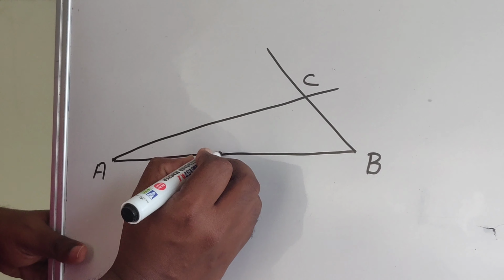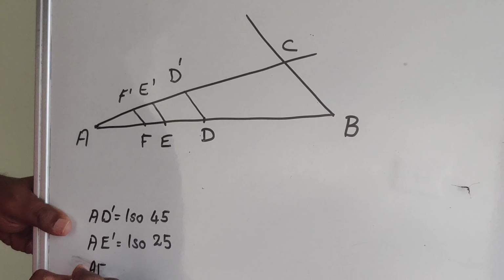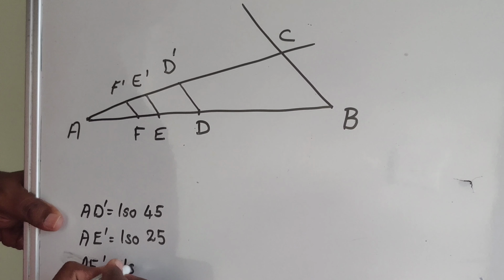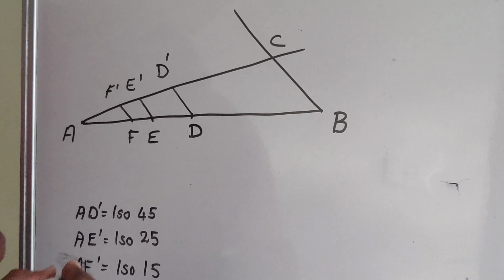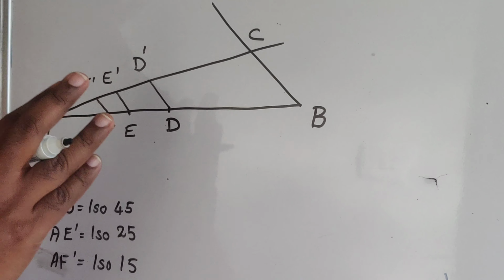Another point, the diameter is 30, so the radius is 15. So you can measure 15 from here, let it be F. So AF dash is actually the isometric length of 15.